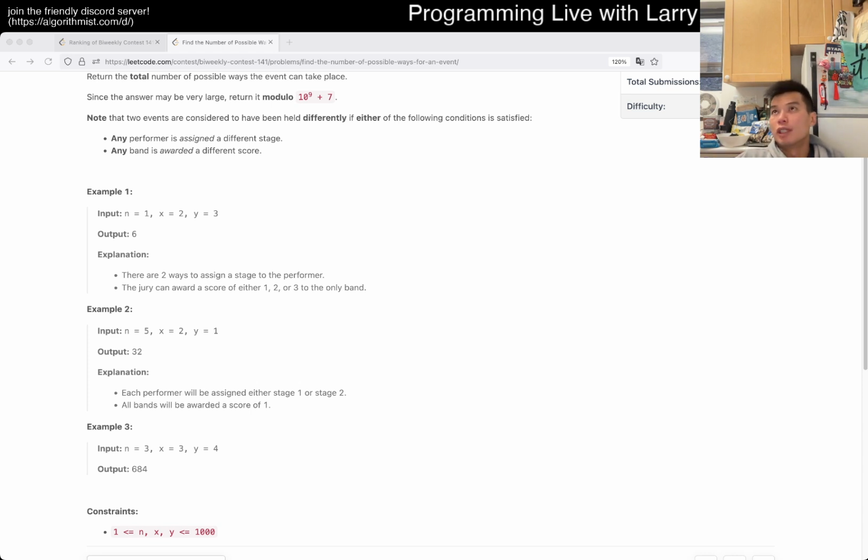Oh, it's 3. That's the thing, is that actually it's 3 factorial, right? But then how do we make it count such that it is at least 1 person?